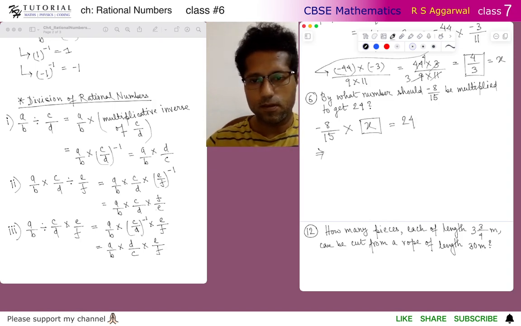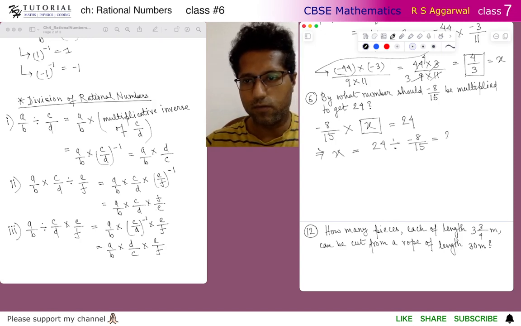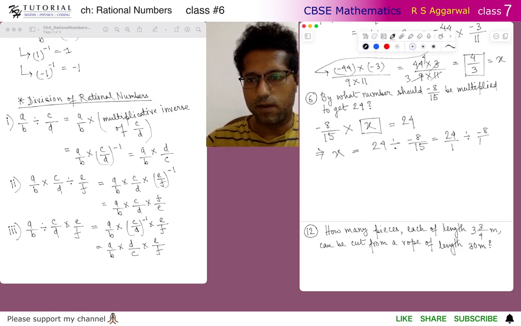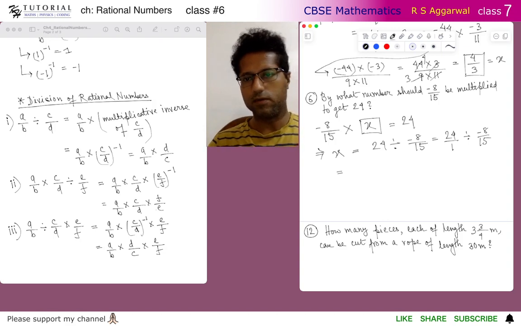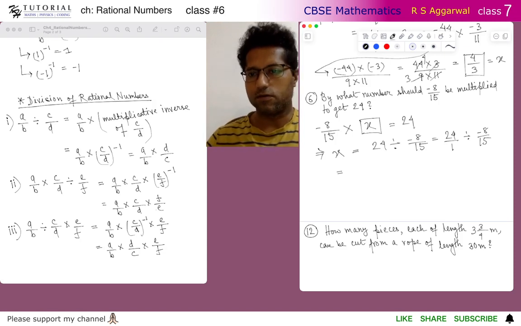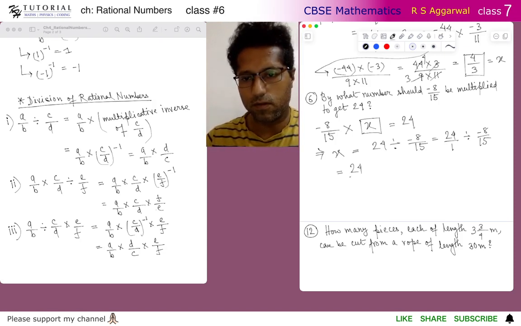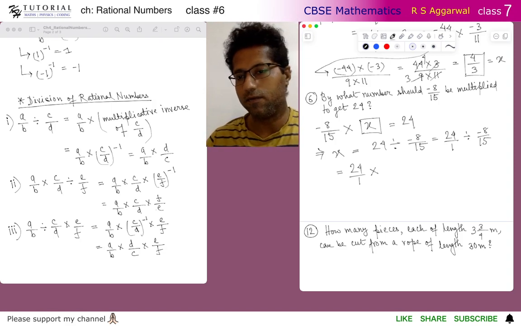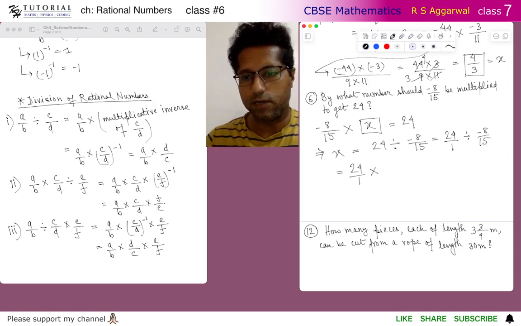So this implies x equals 24 divided by minus 8 by 15. 24 is nothing but 24 by 1, divided by minus 8 by 15. Now we know that when we divide a rational number, we just multiply by the multiplicative inverse of that rational number. So 24 by 1 becomes multiplied by the multiplicative inverse of minus 8 by 15, that is 15 by minus 8.